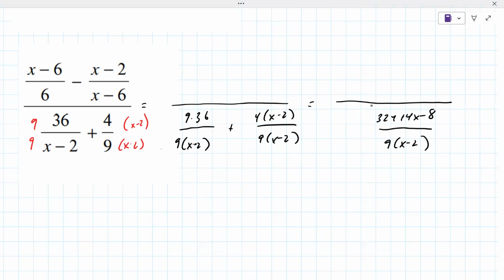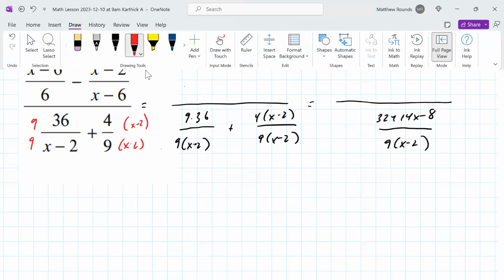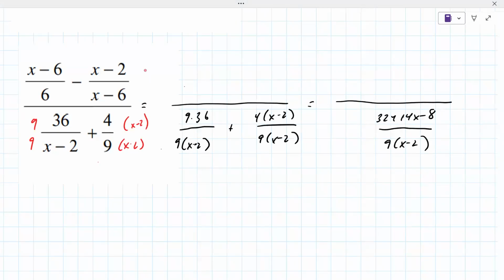Okay, so it ends up being 324 plus 4x minus 8, whatever that is. And then what's the common denominator on the top? You have to multiply the left side by x minus 6 on the numerator and denominator, and multiply the right by 6 on the numerator and denominator.